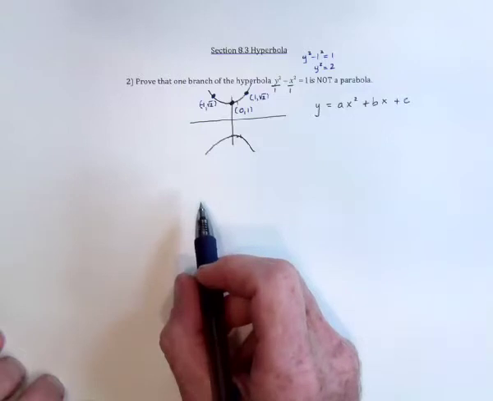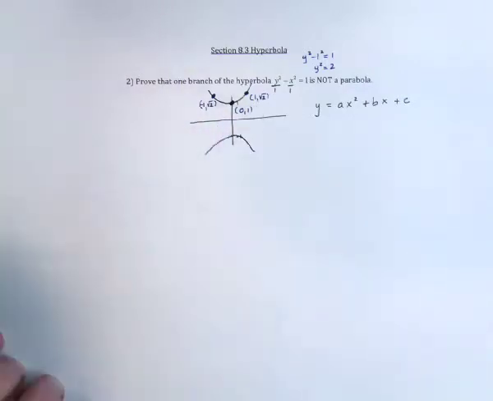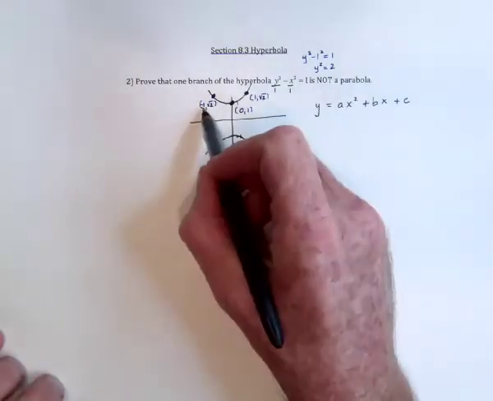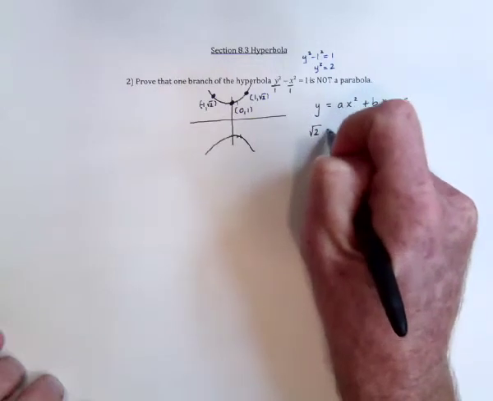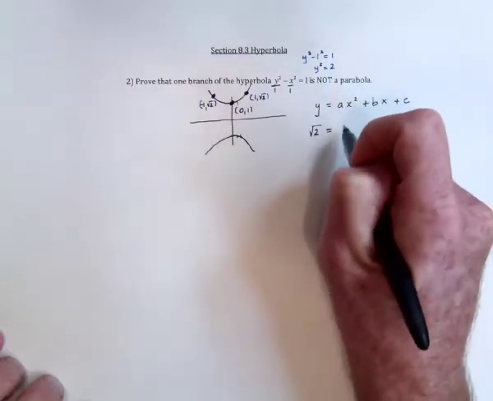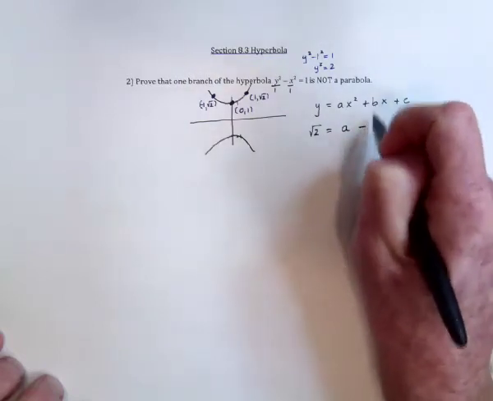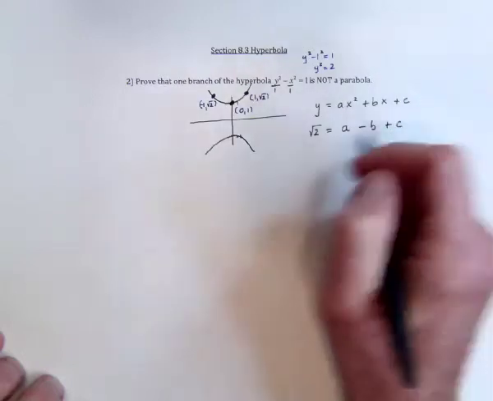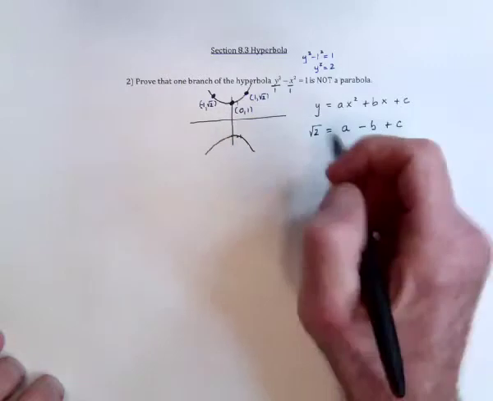So now we have our 3 points. For each of these, take x and y and substitute it into the equation. So I'll start over here that y is the square root of 2, and then -1 for x. So it gets squared and becomes just a 1. A -1 times this, and then plus c. Next, substitute a 0 for x and a 1 for y.